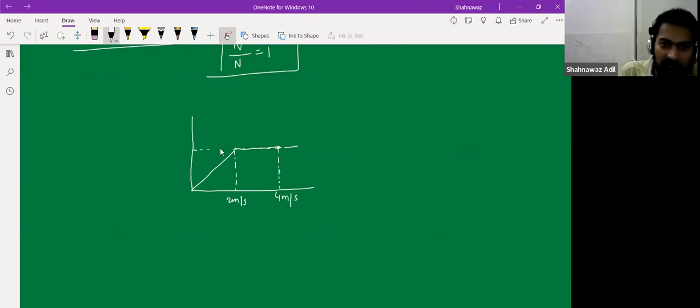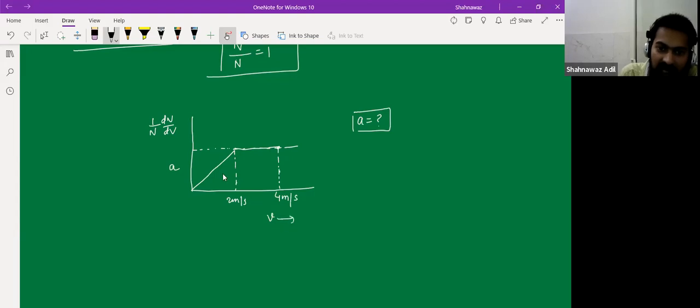And this point is A, right? And this is the 1 by n dn by dv graph, right? In this question, they are asking what will be the value of A.